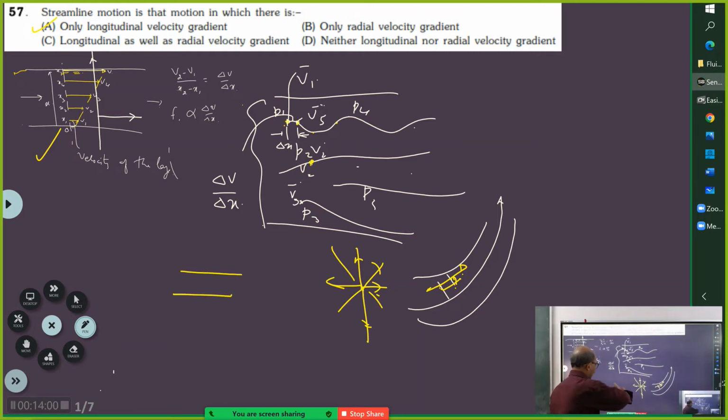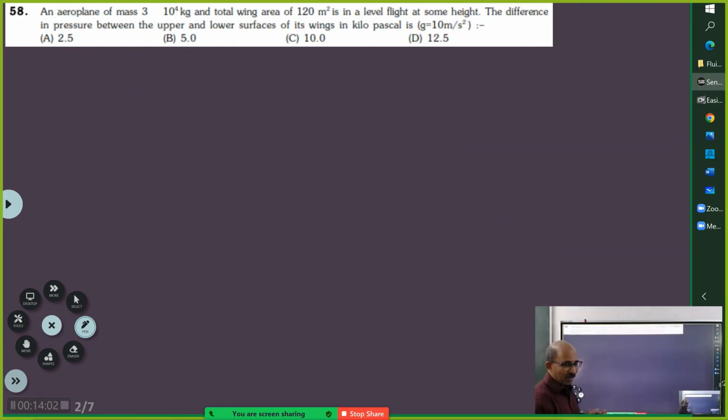It's good, please discuss. Don't go by whatever I say. See, the truth will always appeal to heart and head. So if it doesn't appeal, then there is something wrong, and you should ask. Done. An aeroplane of mass so and so and a total wing area of so and so is at a level flight of 7 feet.